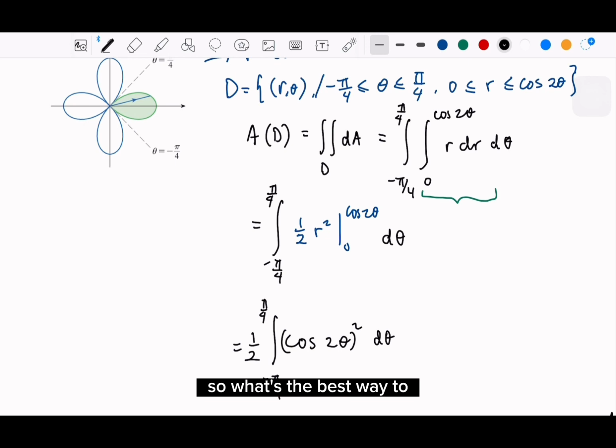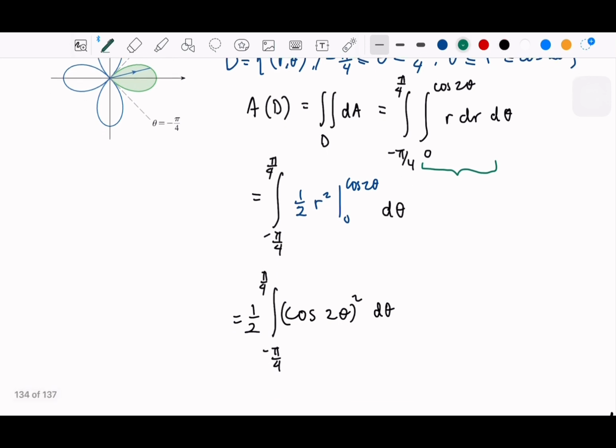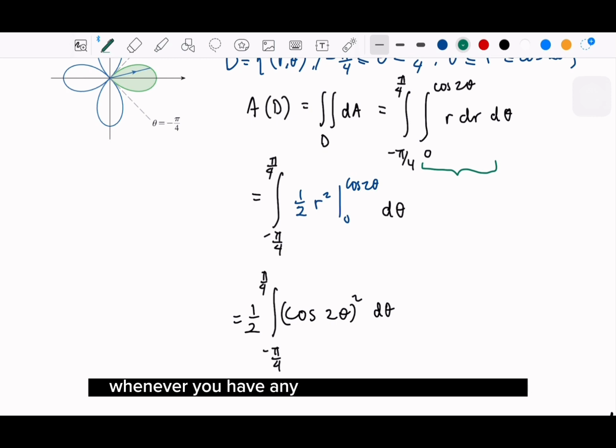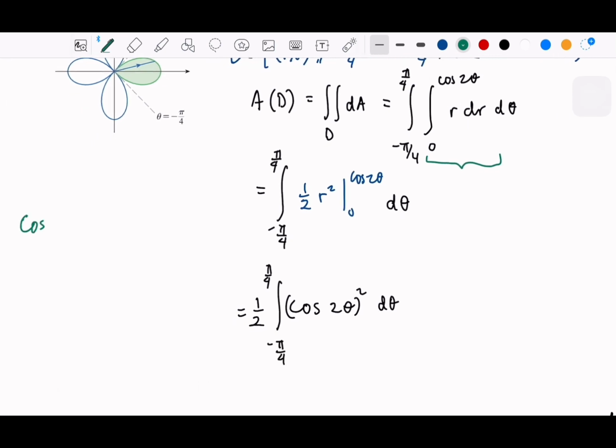So we need to solve these integrations still. So what's the best way to solve this? Okay. Remember, whenever you have any trigonometric function with squared, it's best to remember the double angle.